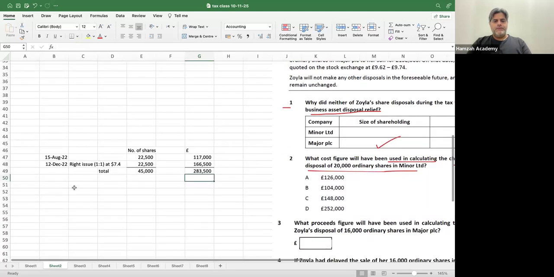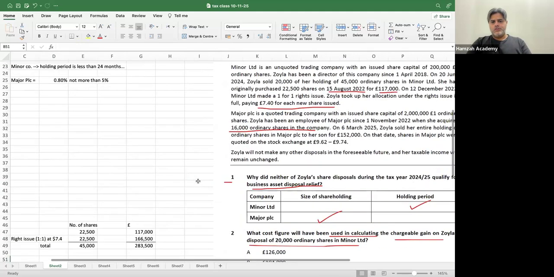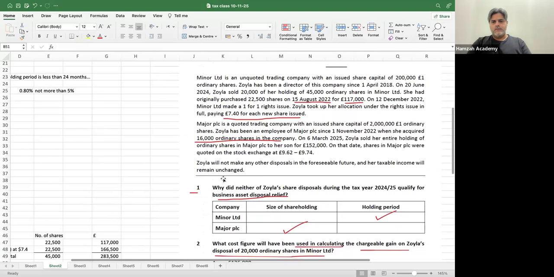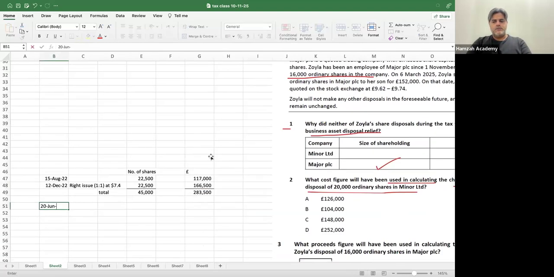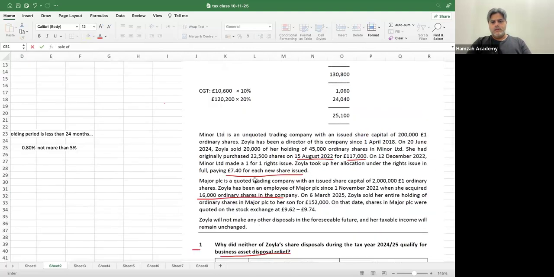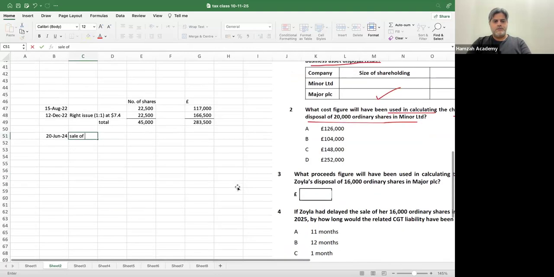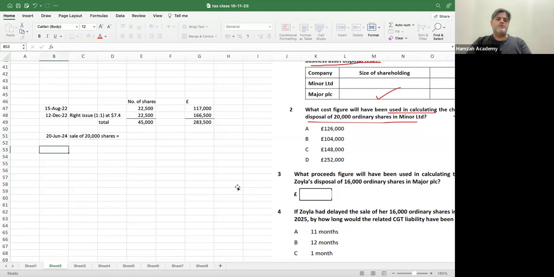So if it's 283,500, now I have sold the shares on 20th June 2024, a sale of 20,000 shares. So technically speaking, 283,500 is the value of 45,000 shares multiplied by 20,000 shares.